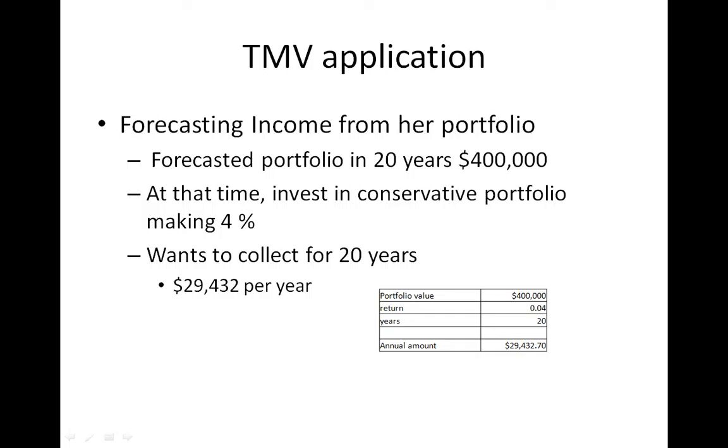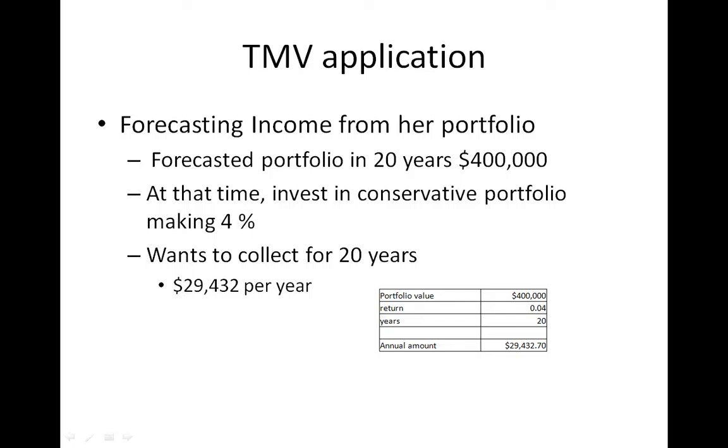So let's say she has $400,000, and what she wants to know is how much money she can pull out over the next 20 years, assuming that she invests in some fund, keeping it a little conservative, so that makes about 4%. If she invests in a fund that will give her 4% a year, she wants to know over the 20 years how much money she will be able to take out of this fund, such that at the end of 20 years there will be nothing left.